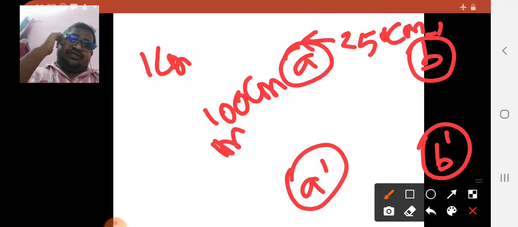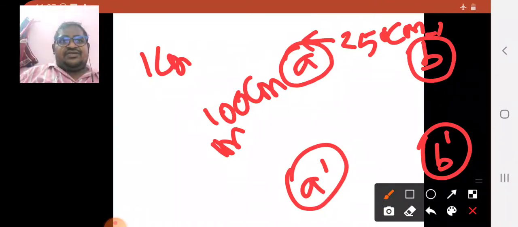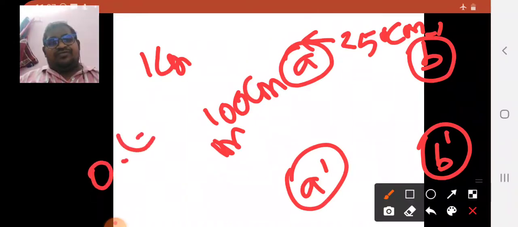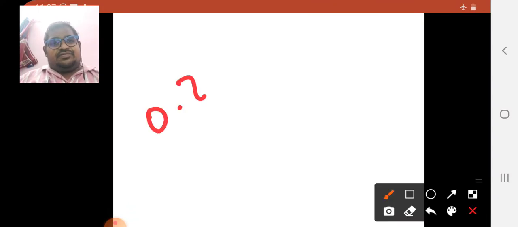Now you can easily find out the self GMD and mutual GMD. If you calculate that, you may get the answer as 0.84 millihenries approximately.